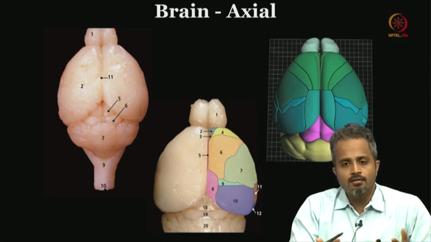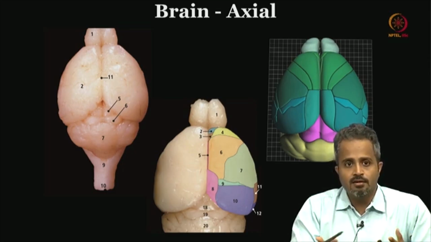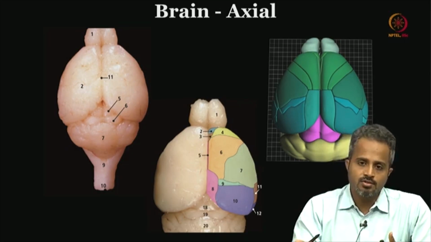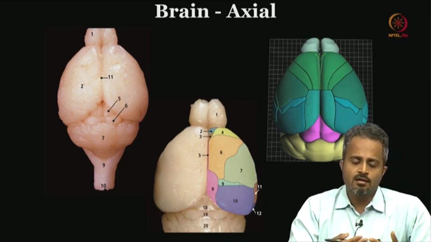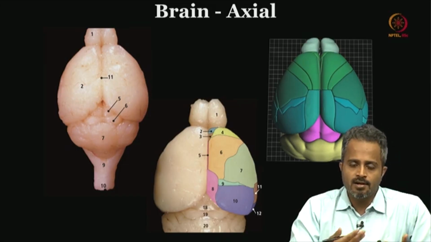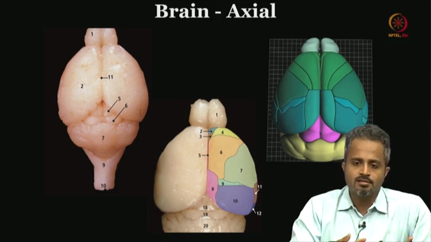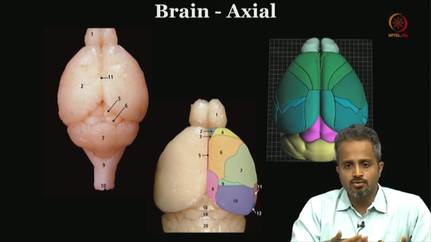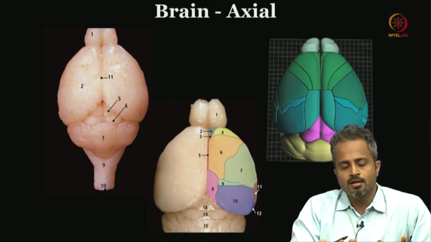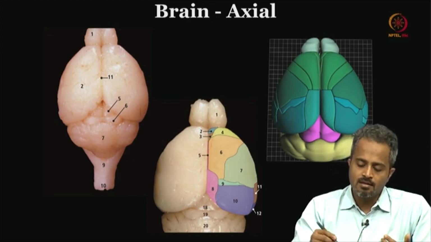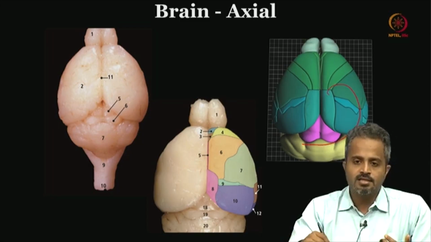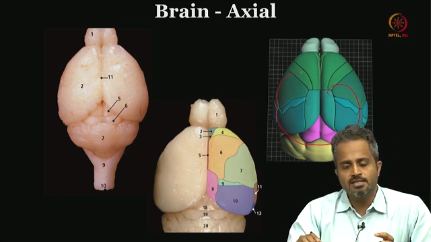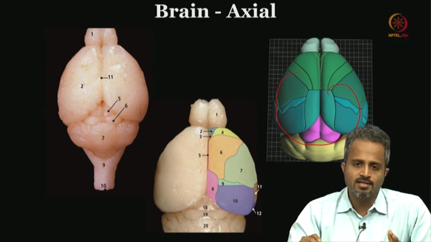It is called the Allen Mouse Brain Institute, where they are adding huge data, be it microscopic data or cytoarchitecture data or various neural circuitry models, and there are n number of papers which have been published in Nature.